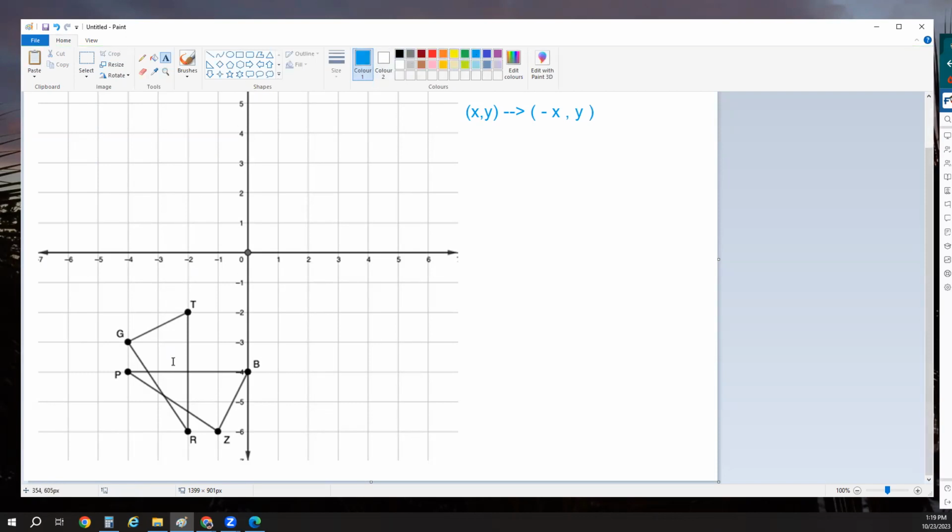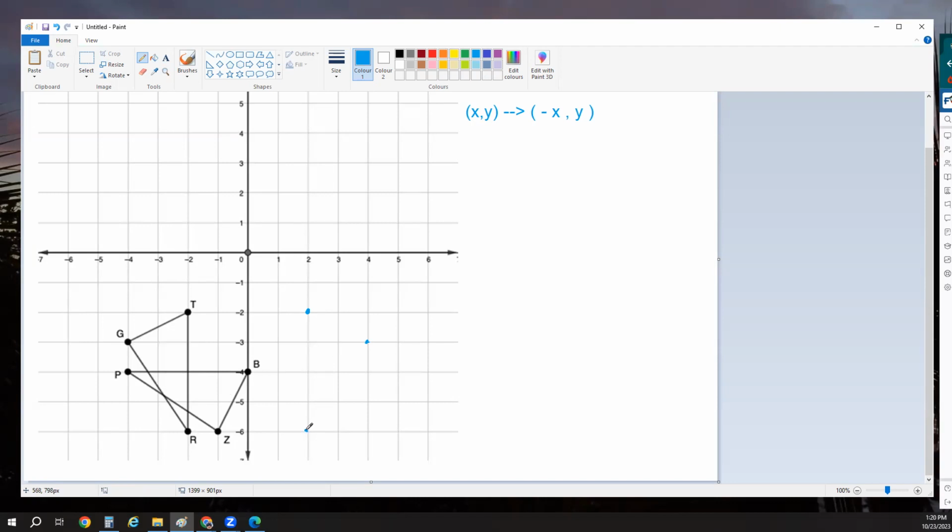Right, so that is the first one we're going to do, and we're going to make this one blue. I'm just going to ride the y-axis to its opposite point. This one's -2. I'm going to ride it to 2. This one's -4. Ride the y-axis to 4. And then this one's -2. Ride it to 2.